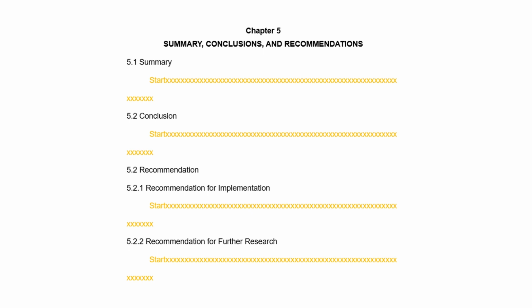You can first write the summary, followed by the conclusion, and finally the recommendation. For the recommendation, you can put there recommendation for implementation and recommendation for future practice. So we will discuss each of these in this tutorial.